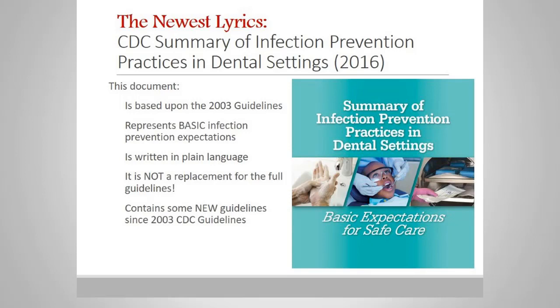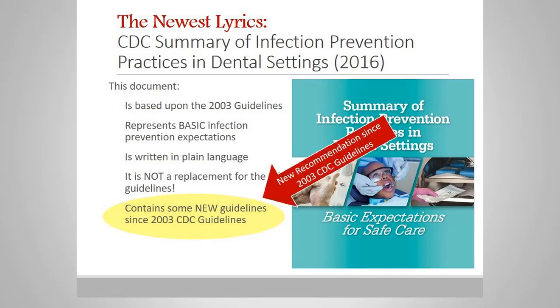And as I go through my presentation, when these new guidelines arise, I will highlight them and point to them so that you are aware this is new information since 2003. Keep in mind that the CDC summary represents basic infection prevention expectations. It's not lengthy, it's not complex, and it is not an entirely new set of infection prevention recommendations. I like to equate this document to Cliff's Notes.